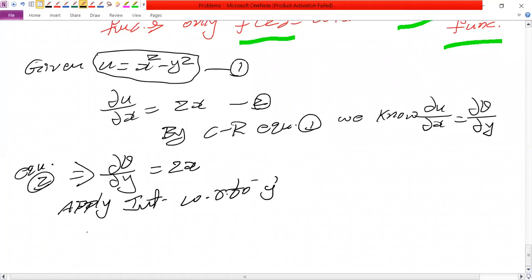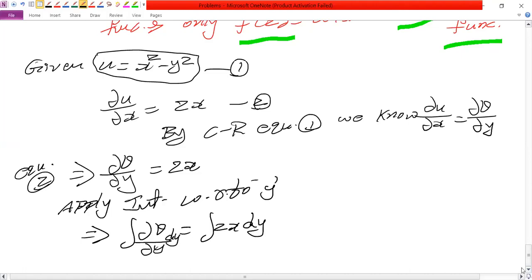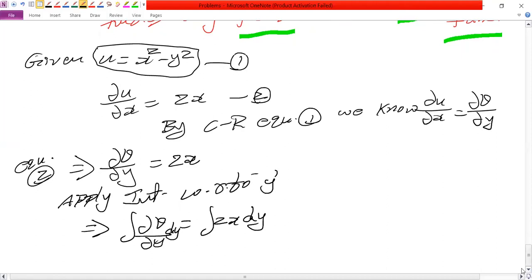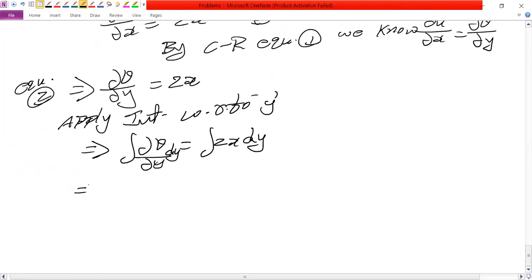Then while we do integration with respect to y, integration of dou v or dv is equal to integration of 2x into dy or dou y. Both are similar. So if we do this integration, integration of dou v will become v equals, 2x is constant, integration of 1 into dy is y, plus what will we get?